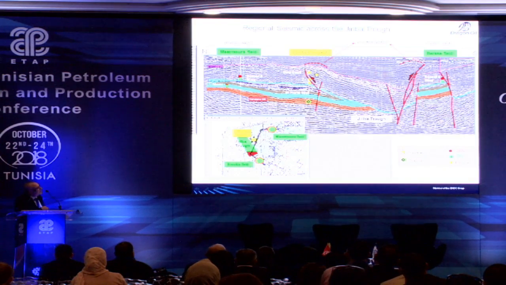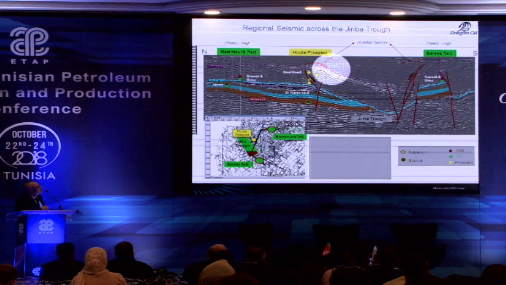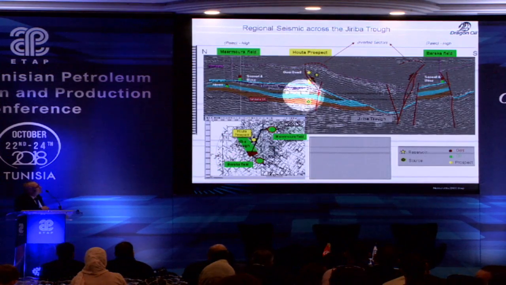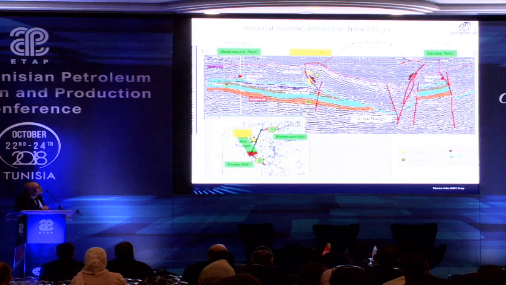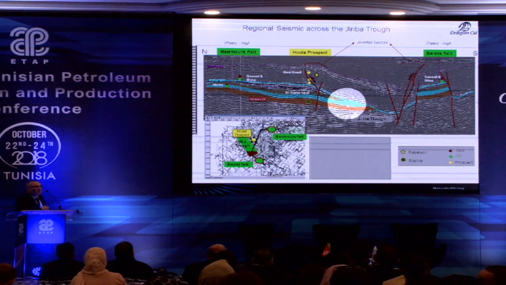Another major tectonic event is just before Langian time, which we call the Langian unconformity. It is more regional, and it goes down and truncates all of the Abiot plus the Faden source rock also.